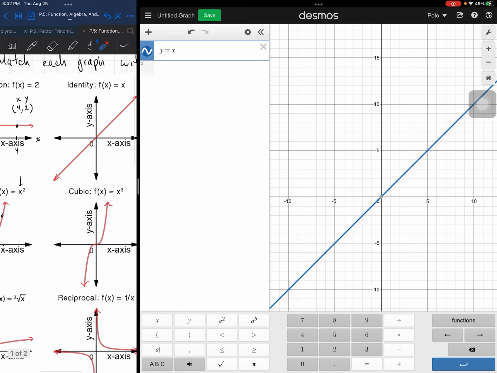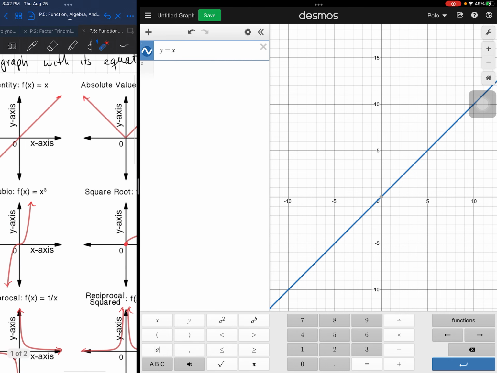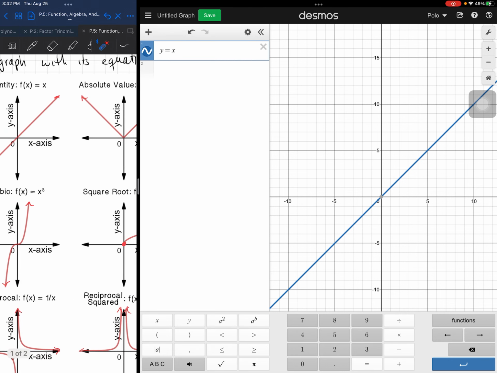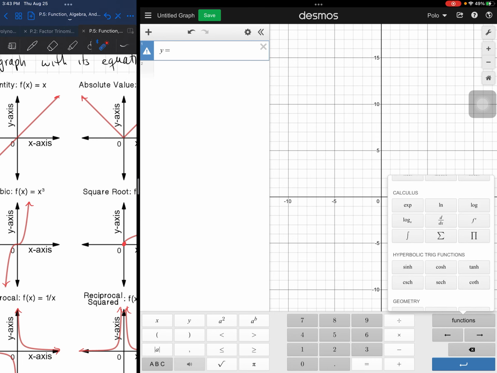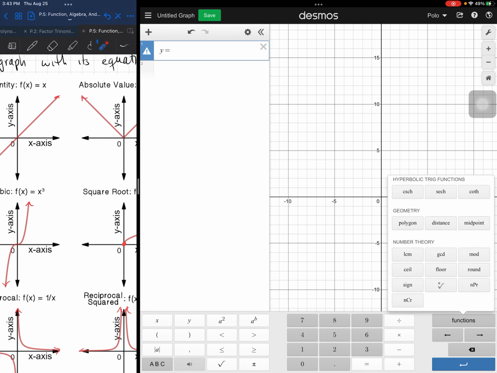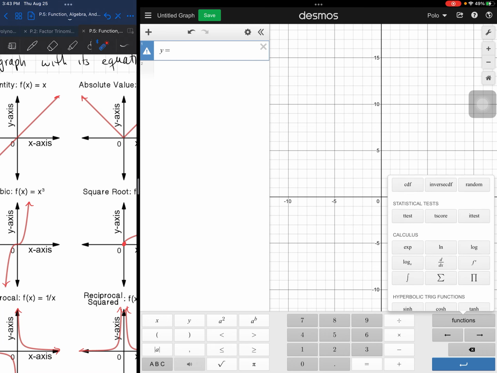All right, so that gives me the first one, right? This just gives me this one. But in order for us to make it absolute value, what we need to do is go back and erase that one. So let's erase it over here. And it's easier if you have an actual desktop. And then if you notice here, we have functions. And if you scroll down, you have more functions, so you have other functions that we can use later on.